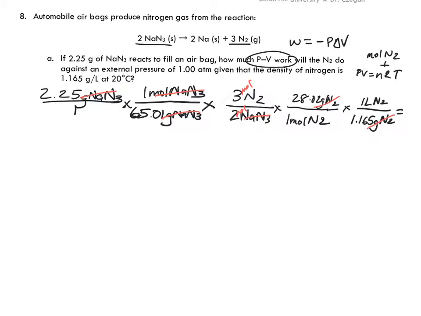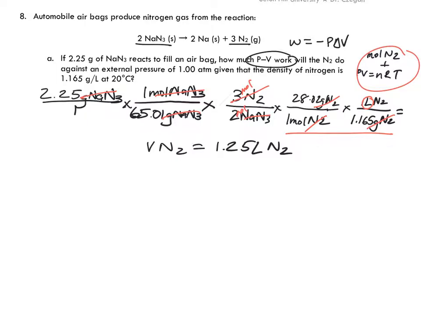Grams of N2 cancels out, moles of N2 cancel out, and this is going to give us an answer in liters of nitrogen. So whether you did this part or you used the ideal gas law, you should end up getting the same answer for the volume of N2, and that is 1.25 liters of N2.